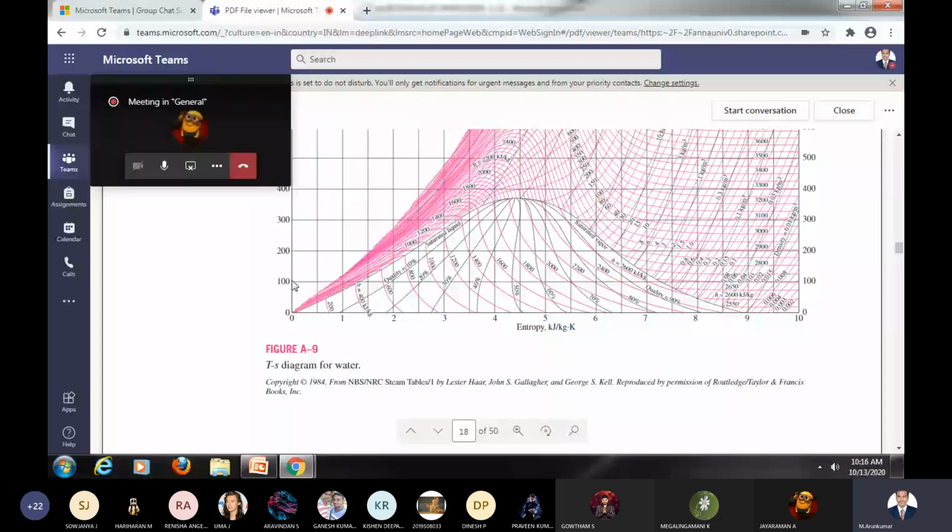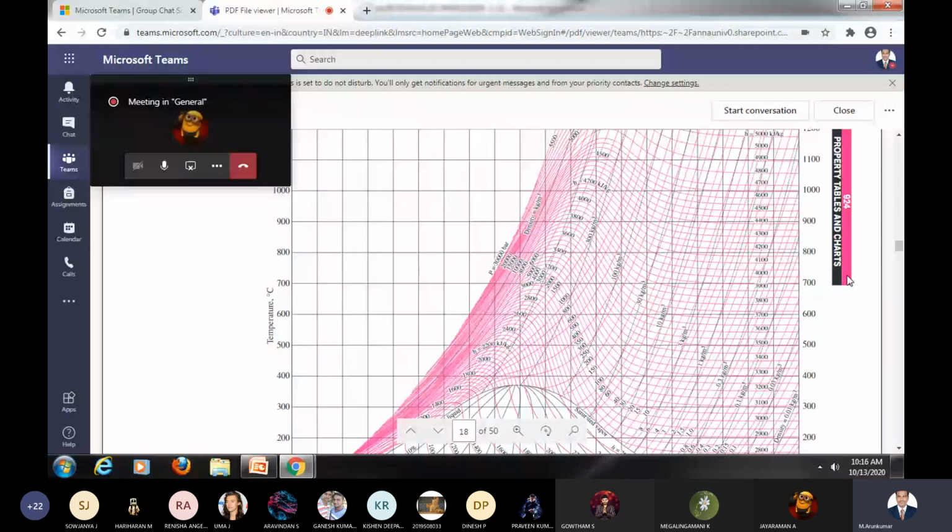So T is 100 degrees Celsius, and on this 60% X line we take the value of S. The S value will be approximately 4.98 kilojoule per kilogram Kelvin. So the unit is in kilojoules, right? So this is a TS diagram.